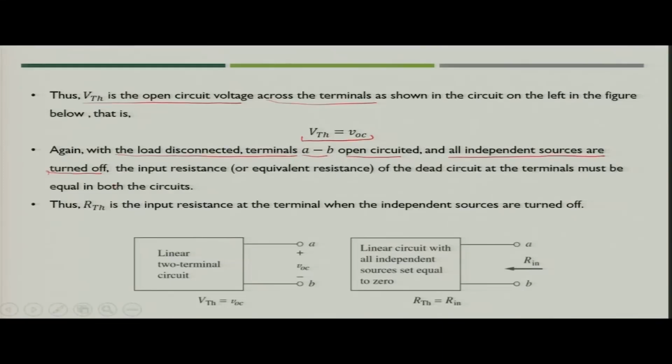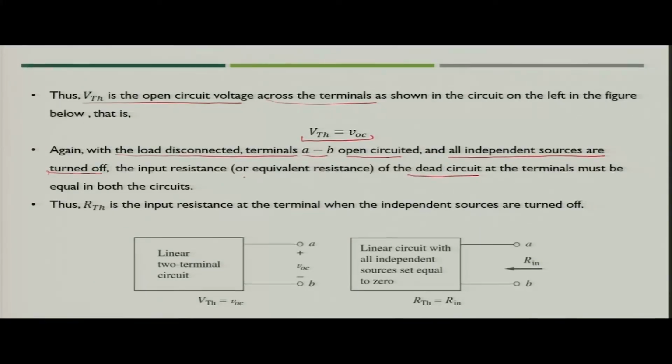Turning off the independent sources means if you have a voltage source inside, you will replace it with a short circuit, and if you have a current source, you will replace it with an open circuit. In that case, this linear two terminal circuit would be nothing but a dead circuit, because there is no source available.